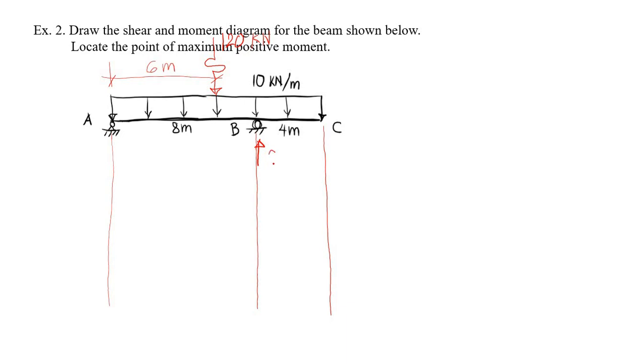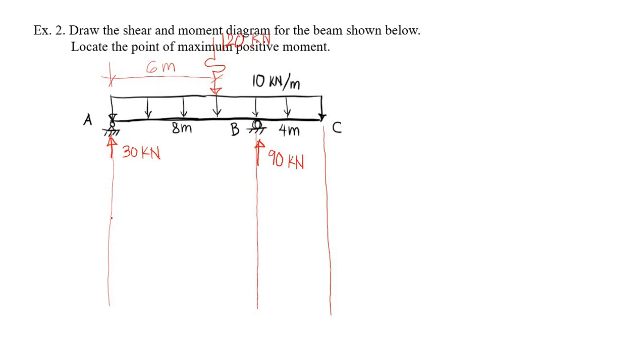We should get 90 kN. And since this is 120 minus 90, this must be 30 at support A. The reaction should be 30 kilonewton upward at support A.